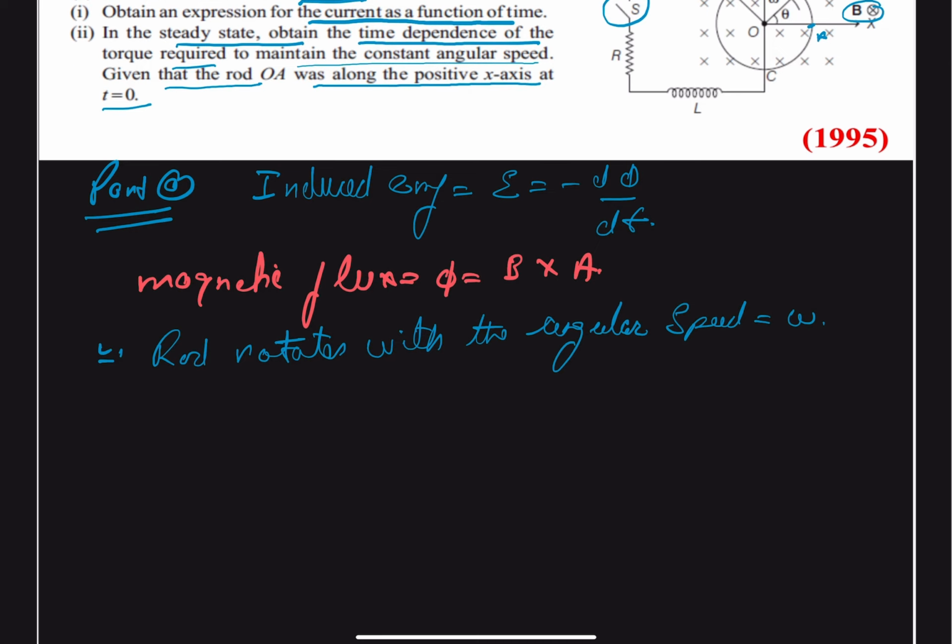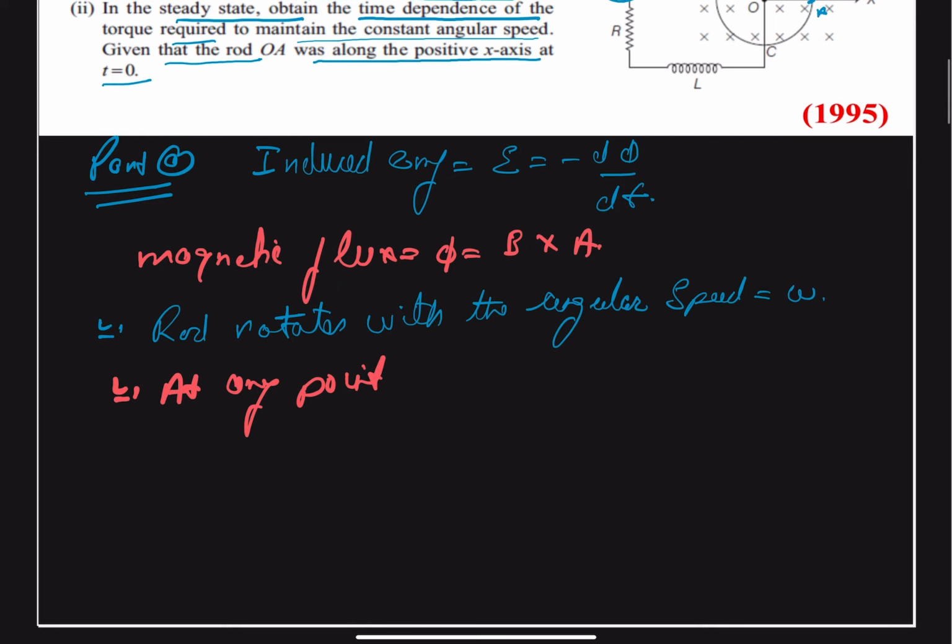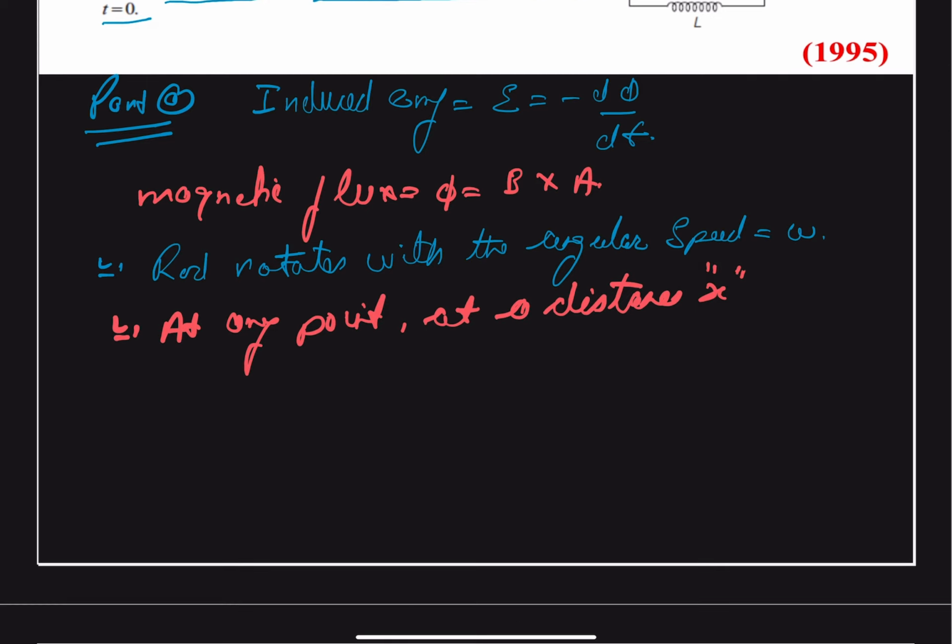So at any point at a distance x, the linear velocity v can be written as omega times x.